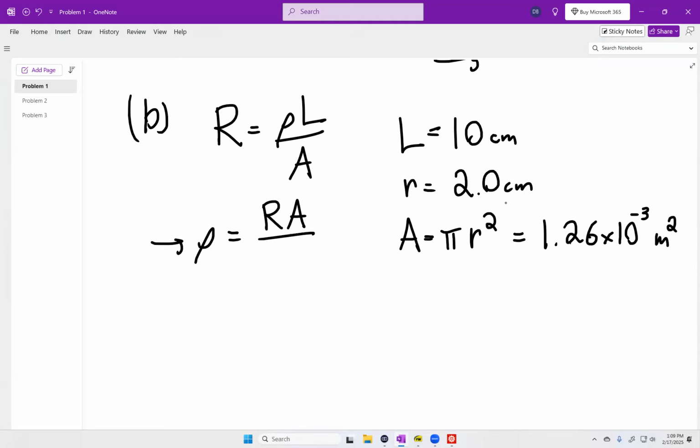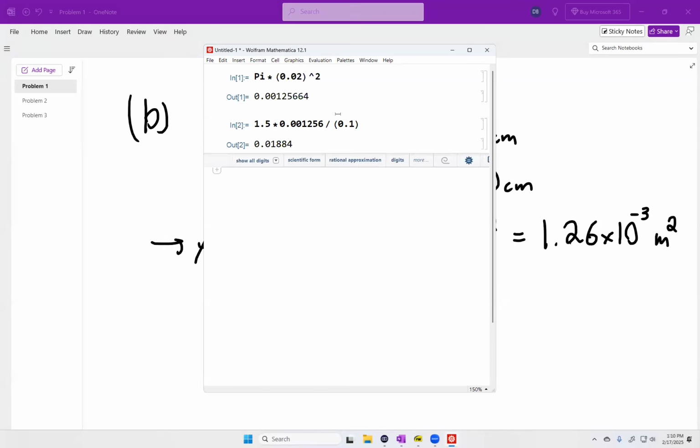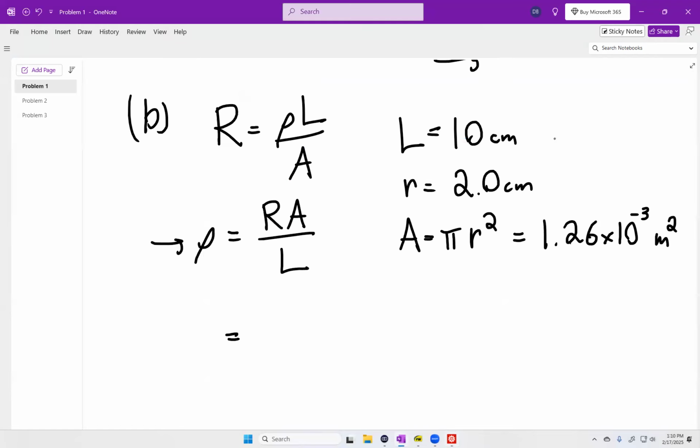So it'll be R times A over L. So that's 1.5 times our area divided by L. All right, and I get this number, so 0.019 ohm meters.